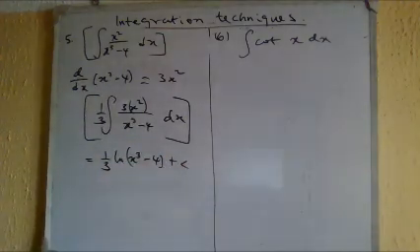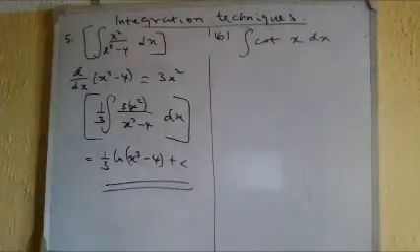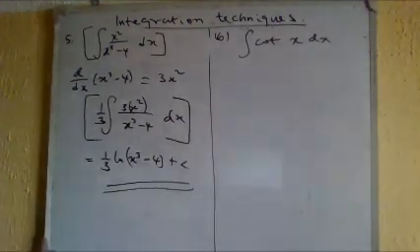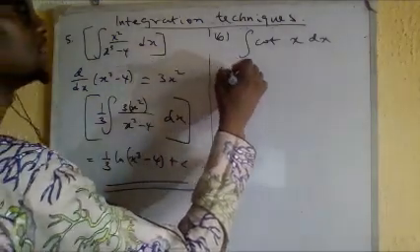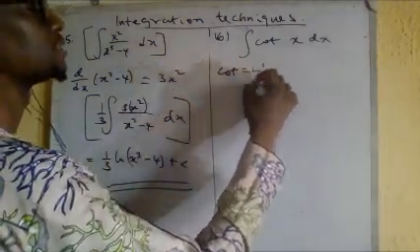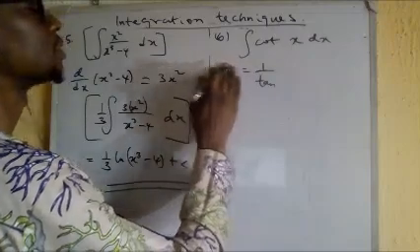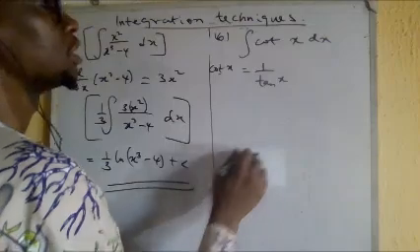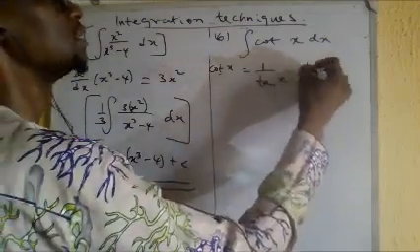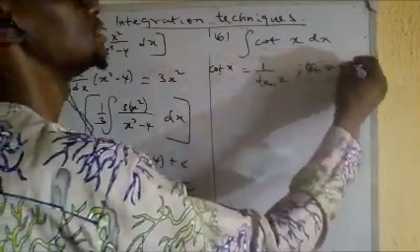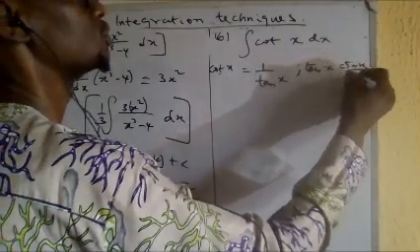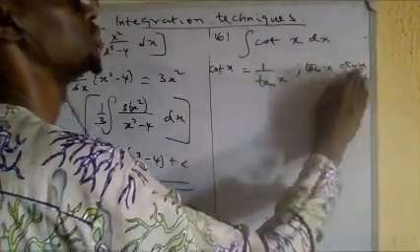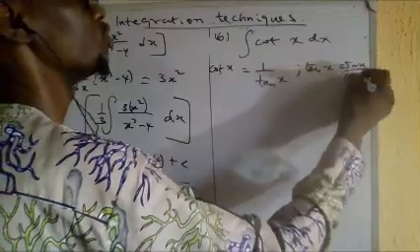So that's the answer. For number 6, cot x is the same thing as saying 1 over tan x. But you know that tan x is sine x over cos x. Those are the trigonometric ratios.